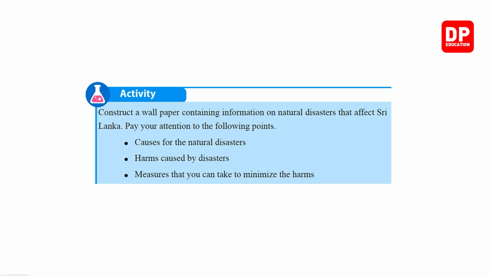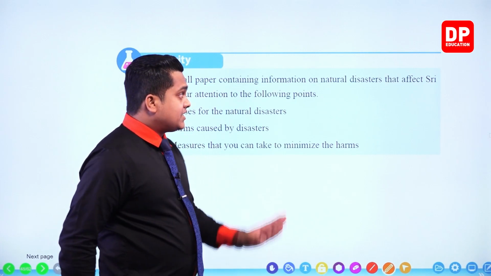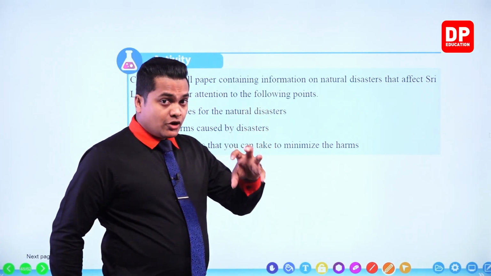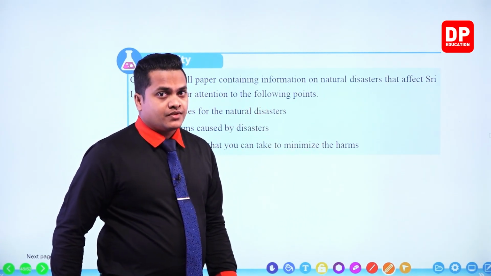Construct a wallpaper containing information on natural disasters that affect Sri Lanka. Pay your attention to the following points. First of all, you need to collect information and construct a wallpaper containing this information on natural disasters which affect Sri Lanka.